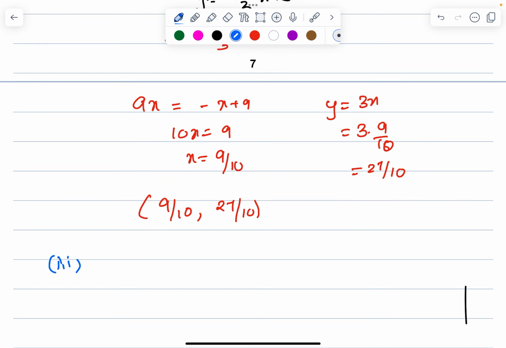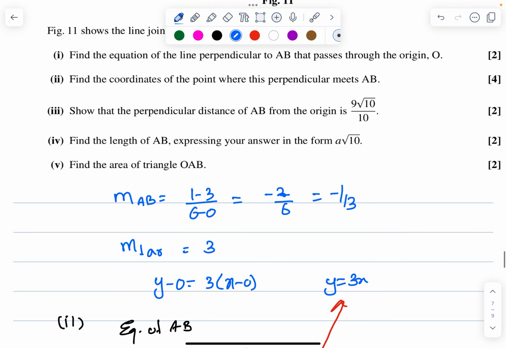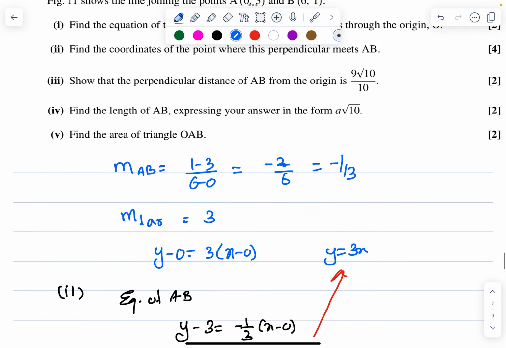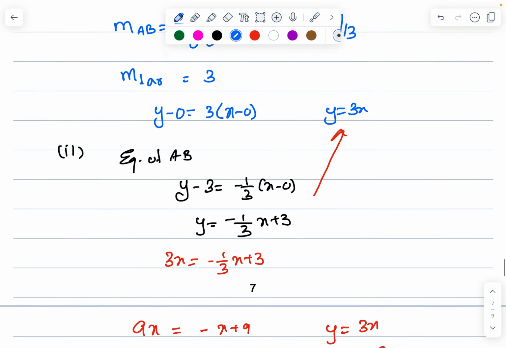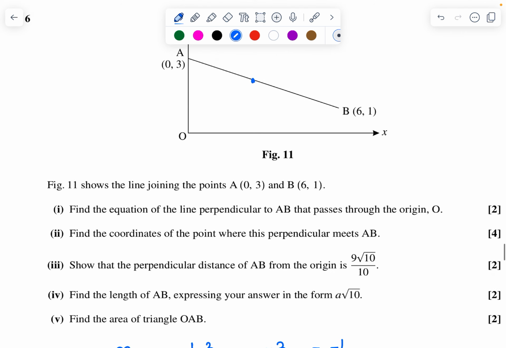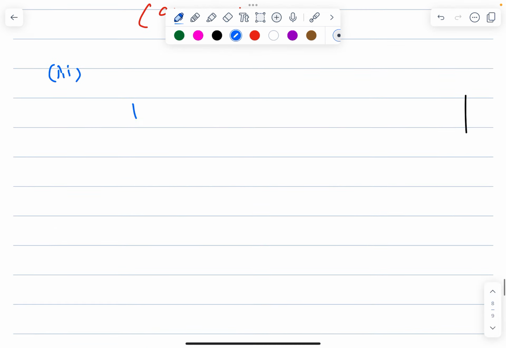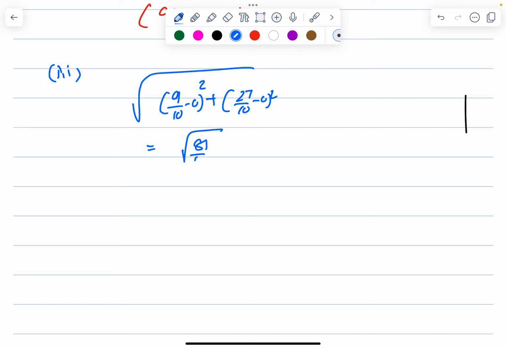Next, coming to part 3. Show that the perpendicular distance of AB from the origin is this value. From the origin, the point is 9 upon 10, comma 27 upon 10. So the perpendicular distance is the square root of (9 upon 10 minus 0) whole squared plus (27 upon 10 minus 0) whole squared, which is the square root of 81 upon 100 plus 27 squared upon 100.